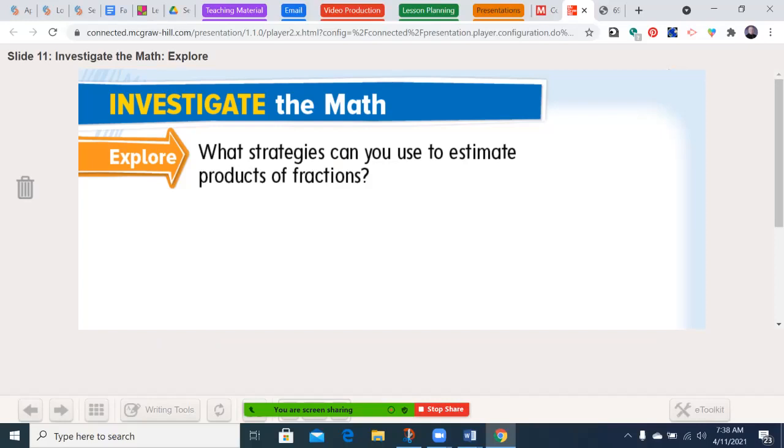I could also round to our benchmark fractions that we talked about in the previous chapter, where it could be times 1, times 0, or times a half. Although multiplying by 0 is probably not your best bet, as the answer is always 0. But maybe that's where it does estimate to.